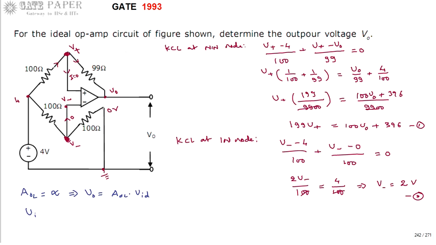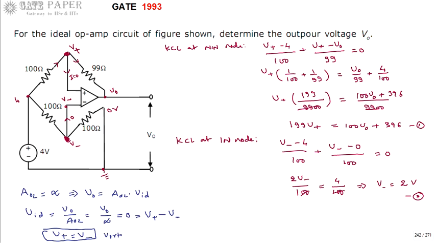So differential input voltage is V0 divided by AOL, that is something divided by infinite, which is always 0. Differential input voltage is the voltage at the non-inverting terminal minus the voltage at the inverting terminal. This gives V plus is equal to V minus. This is always true.